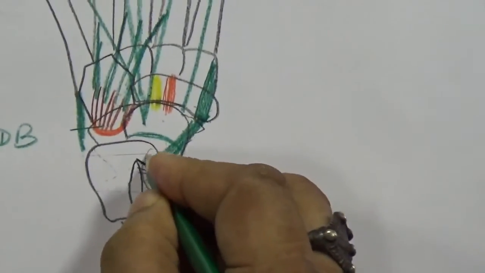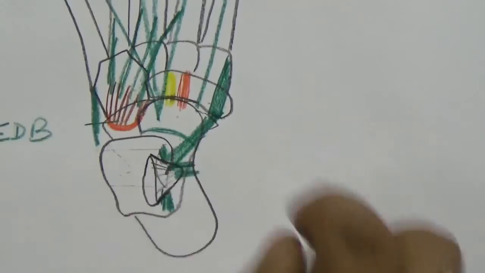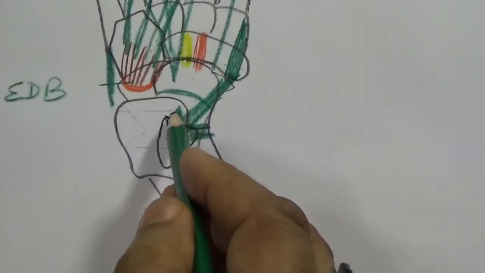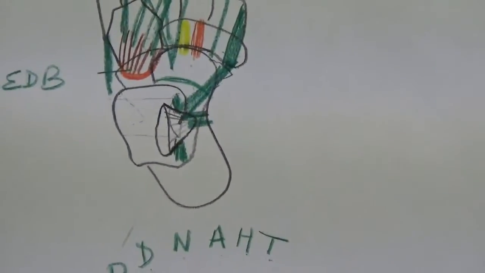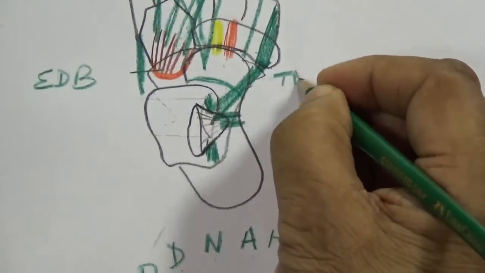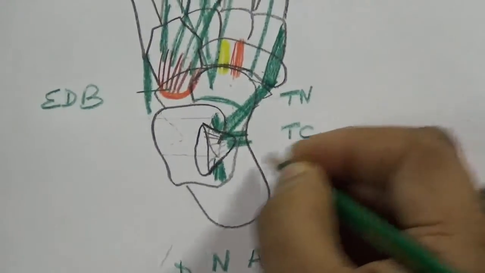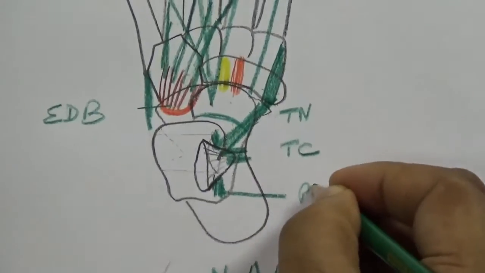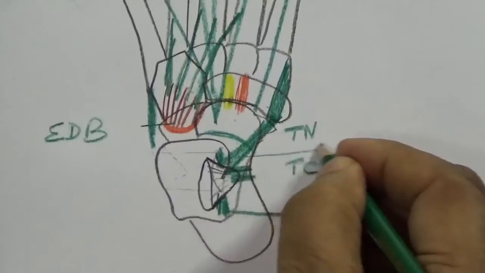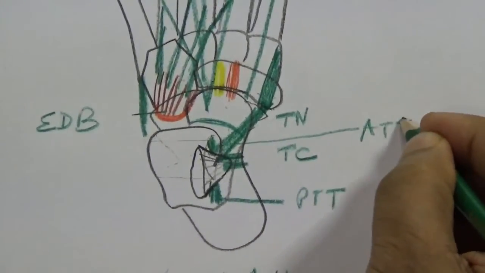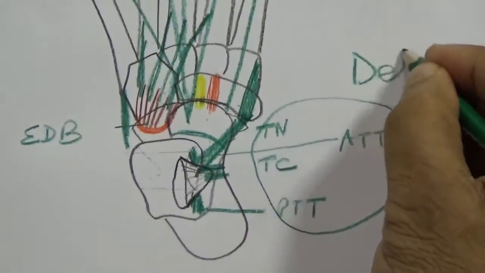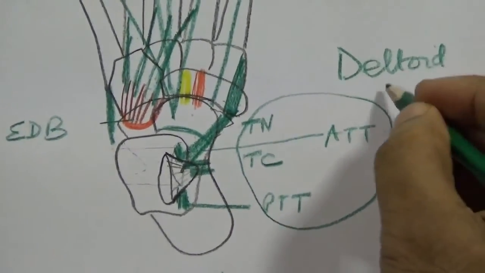Anterior tibiotalar part is the fourth part, which arises from the medial malleolus and goes to the anterior part of the talus. So you have the tibio-navicular, tibio-calcaneal, posterior tibiotalar, and finally anterior tibiotalar, and this all forms the deltoid ligament.